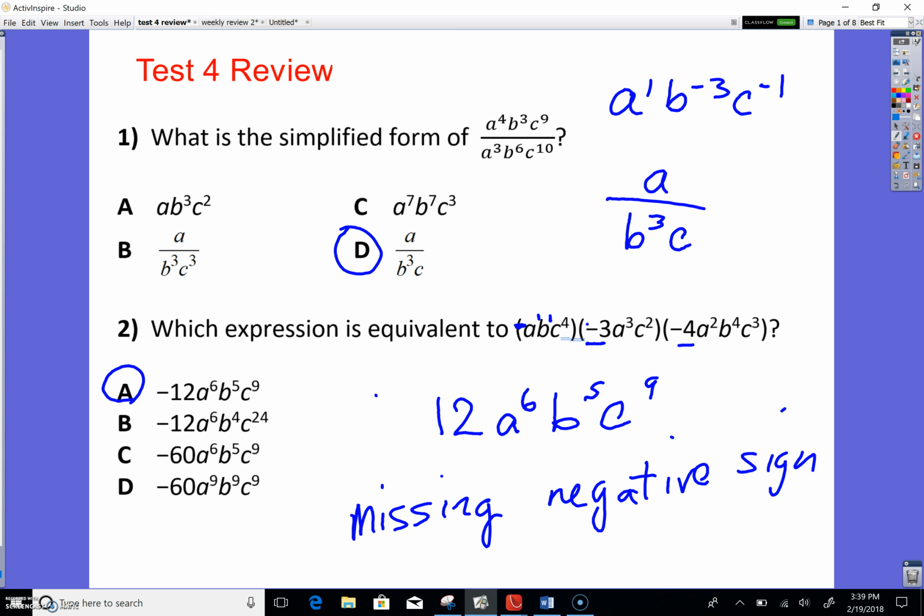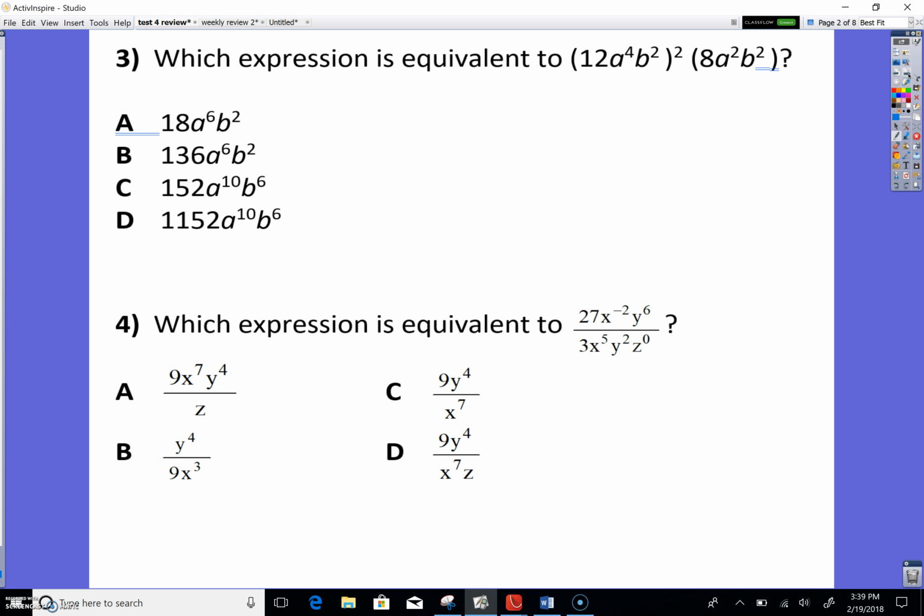Okay, number 3. Which expression is equivalent? Okay, this one, 12 times 8. It should be 90. 12 times 8, 96. Something's wrong.